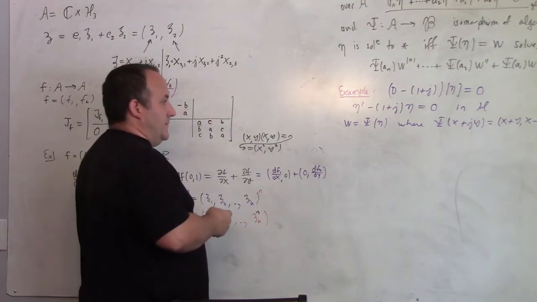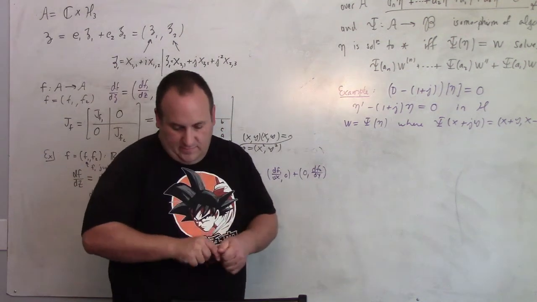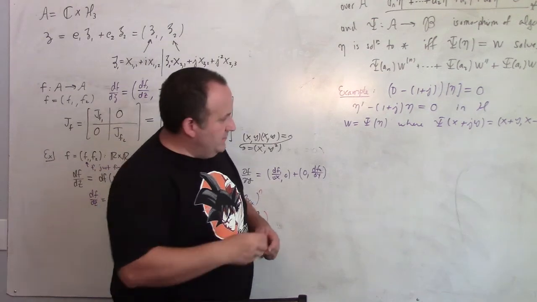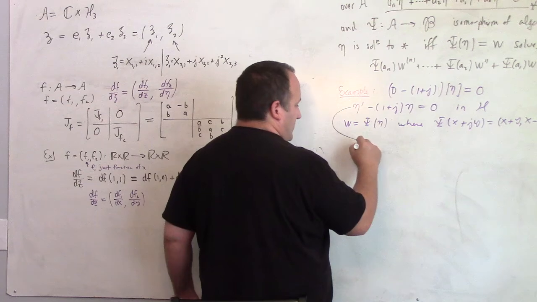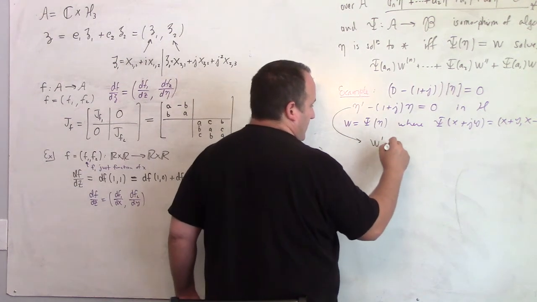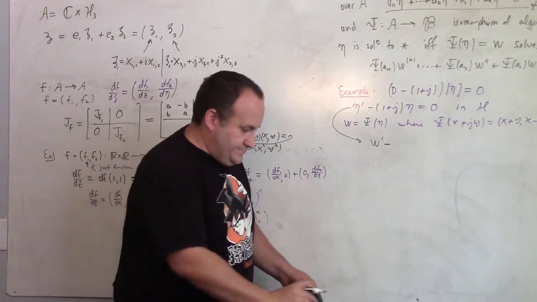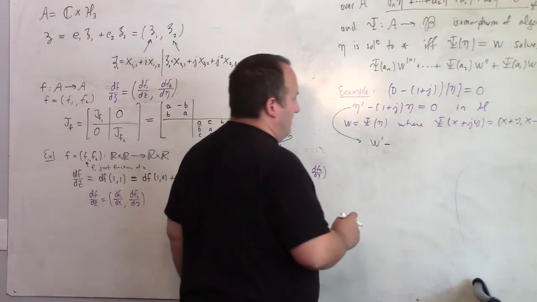So what does that give us? We look at the isomorphic differential equation, we got W prime. What's psi of 1 plus j?